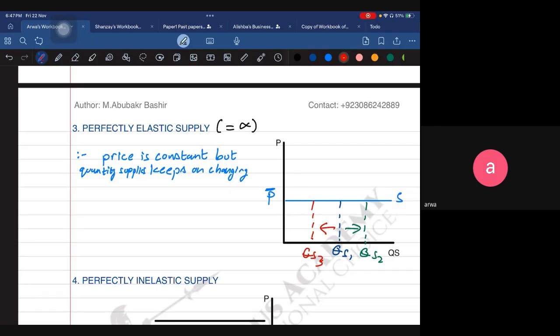I agree with you. But having it perfectly elastic means not being able to supply more, or supplying too much, usually because there is a link to the price. Here the price is constant, but they still want to supply more of the product. Why are they supplying more?